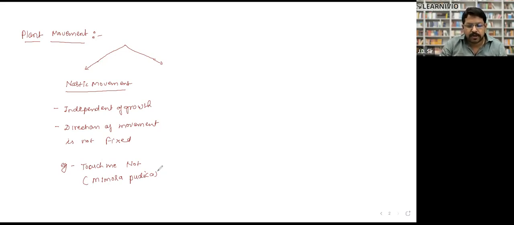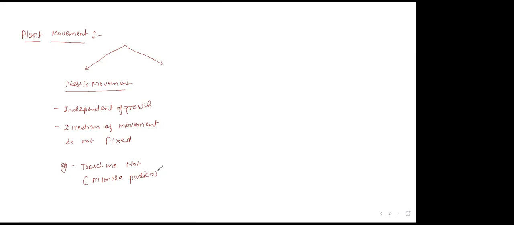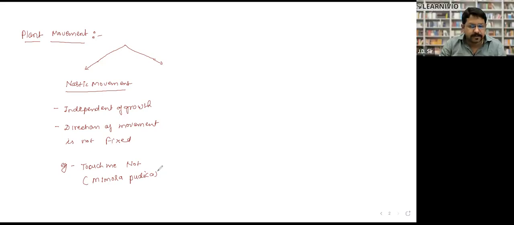You must have seen whenever you touch the leaves of this plant, the leaves close down, right? So first thing, the leaf closes down, direction not fixed. Second thing, it has nothing to do with the growth. So we call this kind of movement nastic movement.